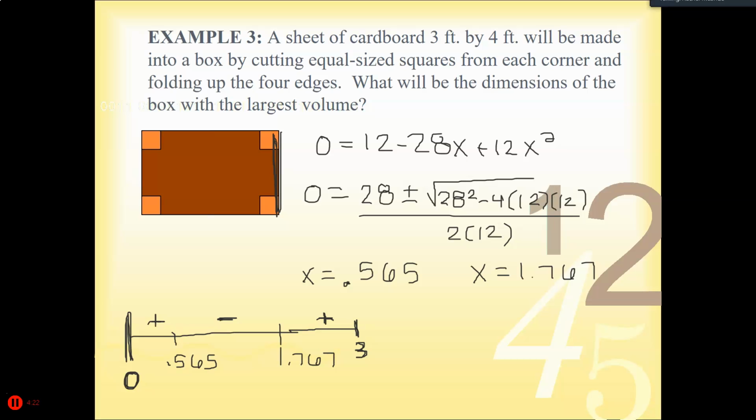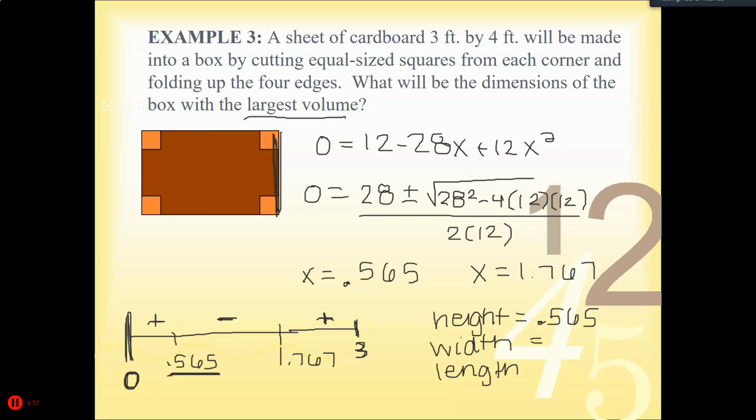Okay, so we are looking for a max. A max occurs when we change from positive to negative. So my max is going to occur at 0.565. That 0.565 represents my height. So then you have to find your width and your length.